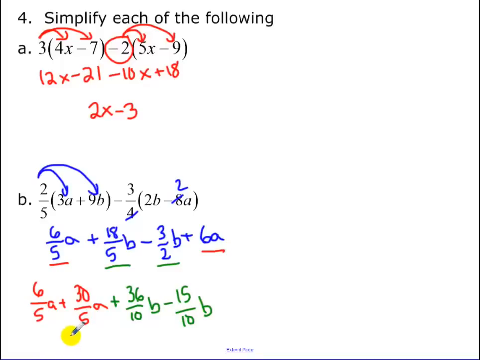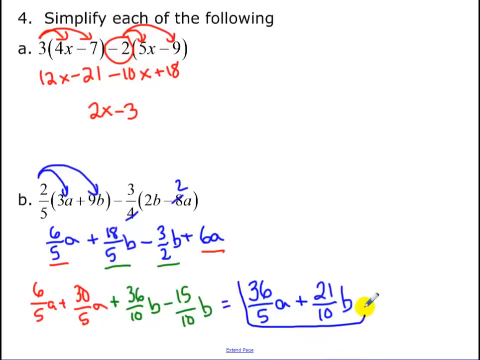Then it's just a matter of simplifying. We have 36 over 5a plus 21 over 10b. And it's okay to leave it like that.